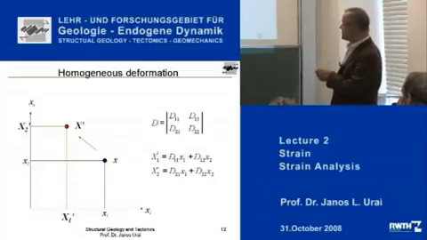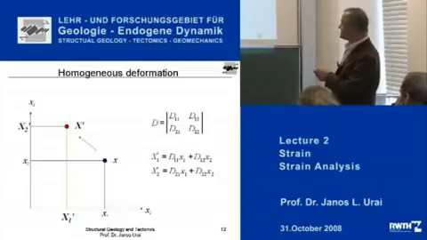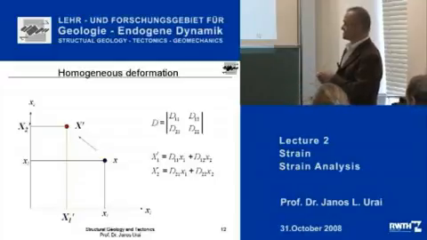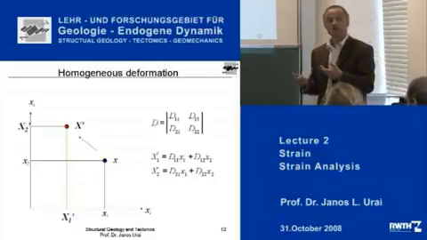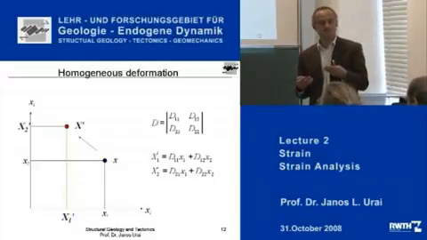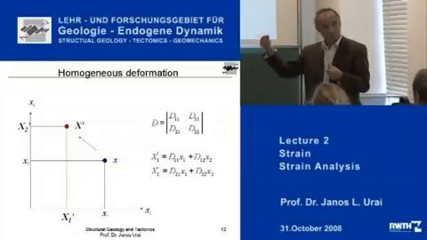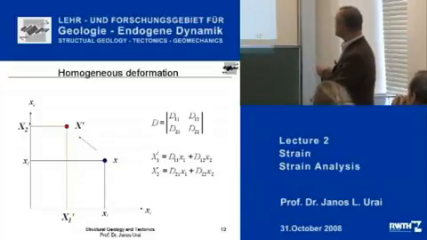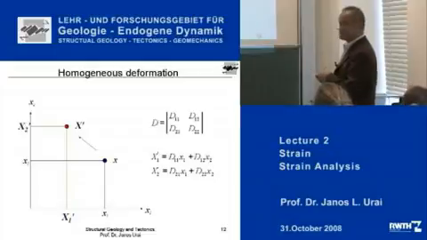And I have a point here, small x, and I deform it, I transform it, and it becomes x big with a slash. And what I want now is the equations which transform this point to its new position. And the equations that I choose to do that are these.